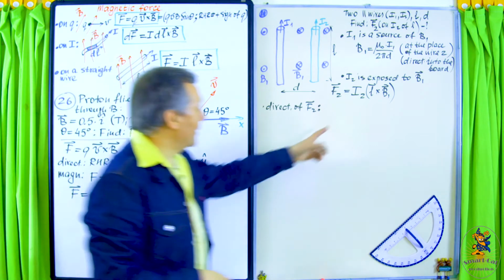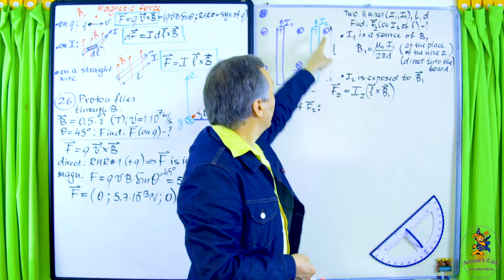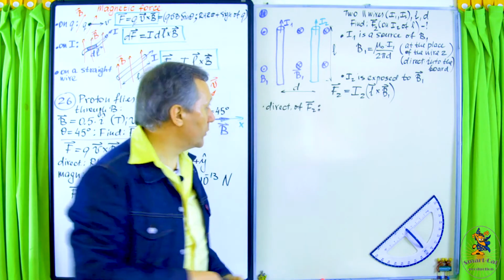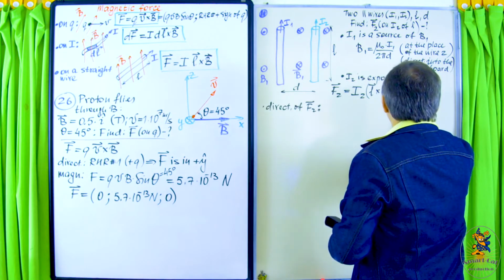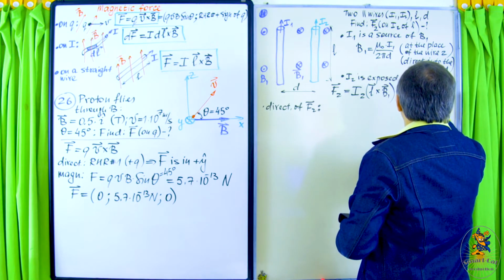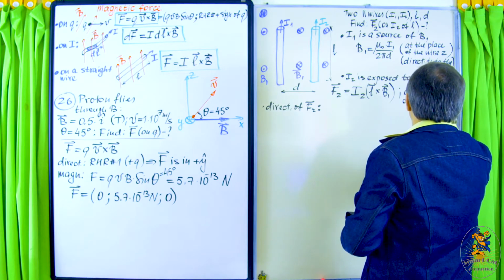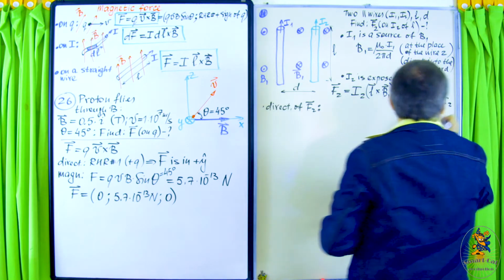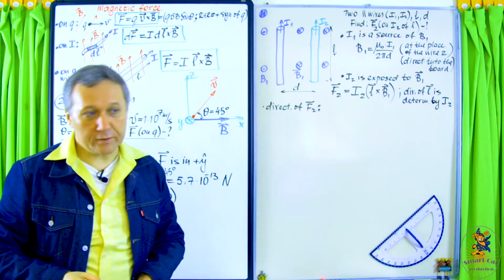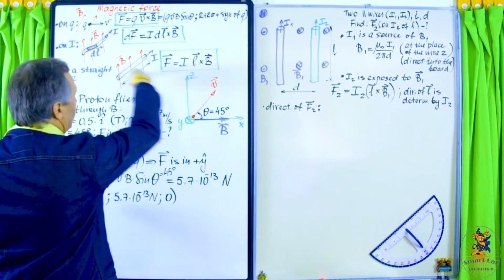One step: the direction of L is determined by the direction of the current I2. Let me write that. The direction of L is determined by I2, like I explained to you over here.